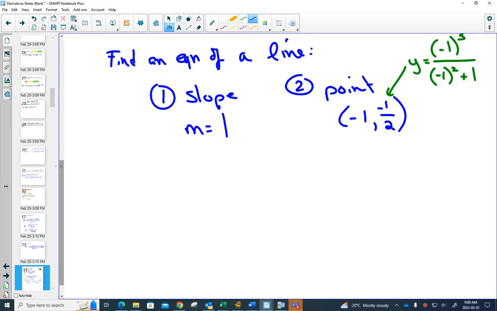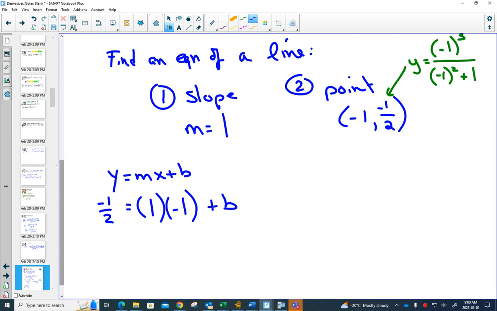So I'm going to remind you of 2 things from grade 10. Most students remember this best. Equation of a line, the first thing you think of is y equals mx plus b. Perfect. If you think of that, then you can use that. What do we know? We know the slope is 1. And we know it passes through when x is -1, y is -1/2.